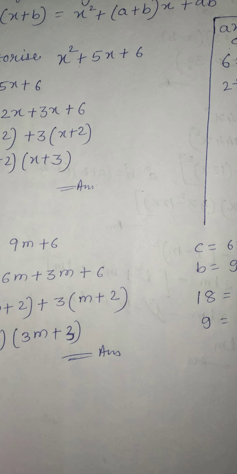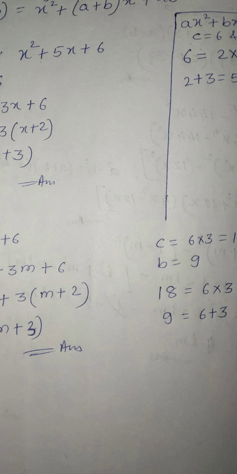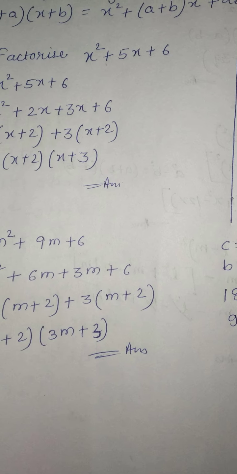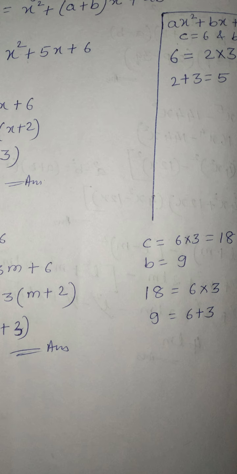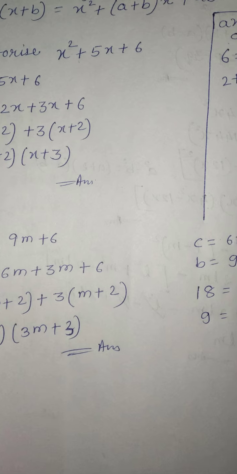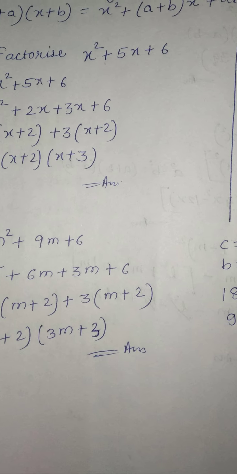You want the middle term as 9, you don't want 11. So you cannot take that. Then 18 into 1, but 18 plus 1 is 19. Your middle term is 9. You cannot take that also. So your answer here is 6 into 3. 6 into 3 is 18 and 6 plus 3 is 9. So you get the factors as 6 and 3.